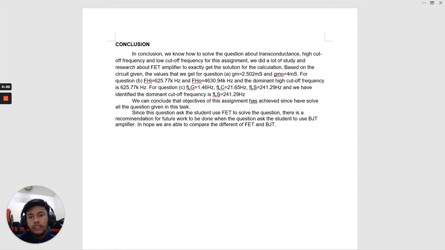Based on the circuit given, we have obtained the solution for the question. We get the correct value for question A, which is gm equal to 2.5 millisiemens and gmo is 4 millisiemens.